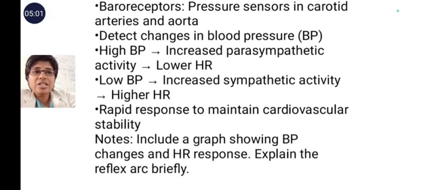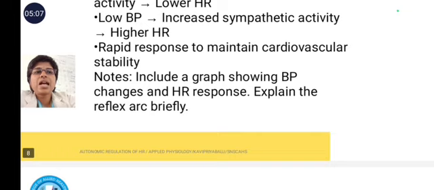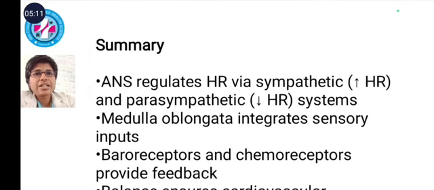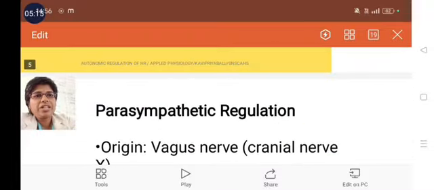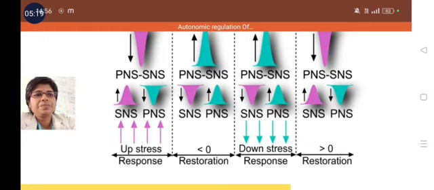It is a rapid response to maintain cardiovascular stability. The chart and graph showing BP changes and heart rate explain this reflex, which maintains the heart rate. This one shows parasympathetic and sympathetic tone.